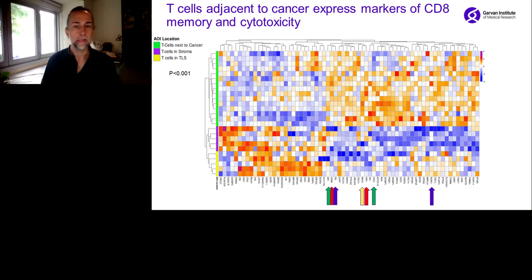Furthermore, looking at details of the gene expression features of these AOIs gives us further insights into the state of these T cells. When we look at gene expression features of the T cells next to cancer in green, or the T cells in the stroma or TLS structures, the purple and yellow tracks on the left there, you can see that the T cells adjacent to cancer have markers of maturation, so transcription factors like ID2, RUNX1.